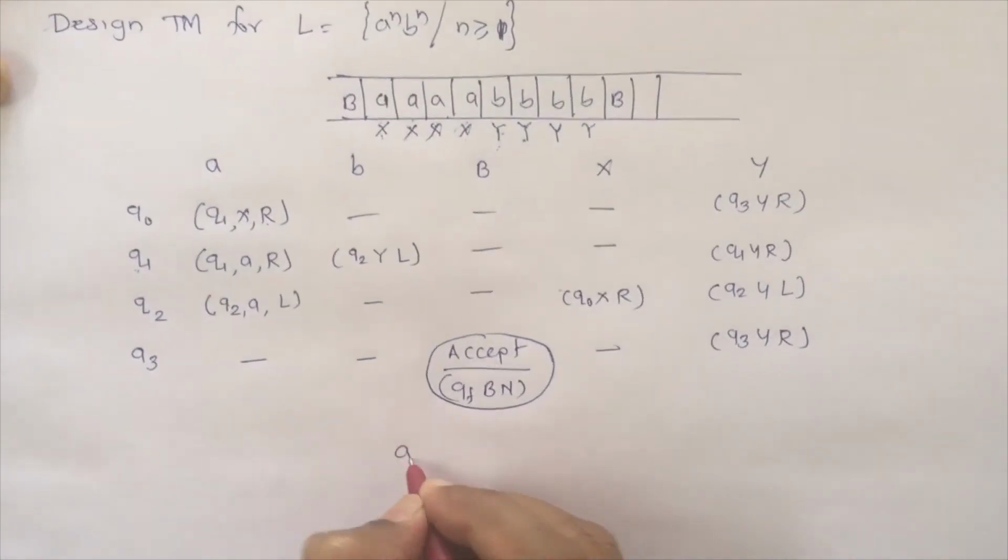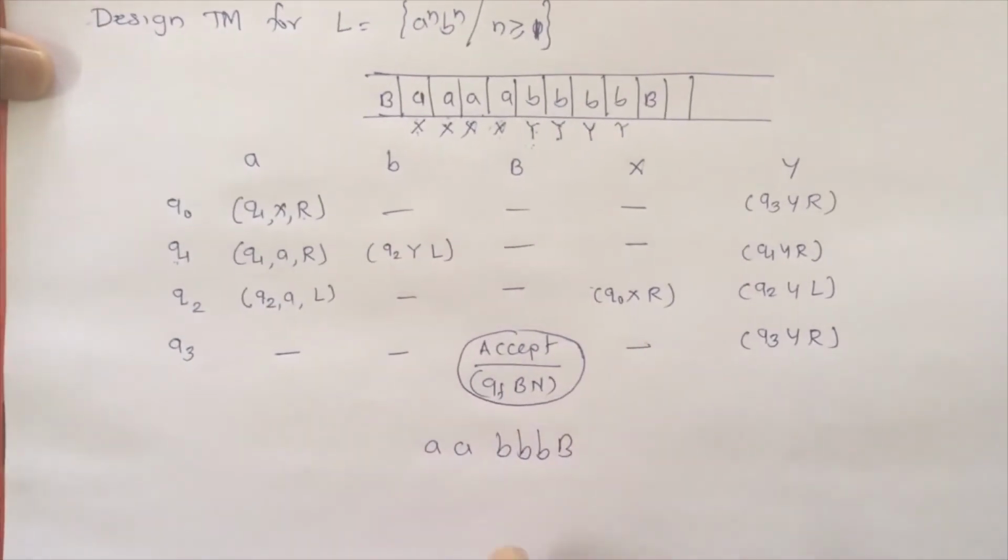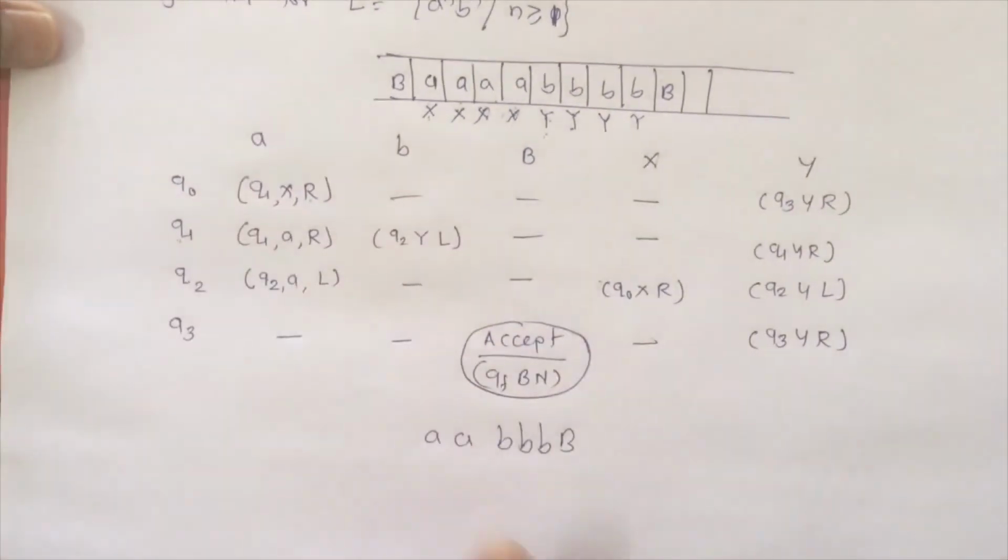Let us take a string to be, suppose, a b b b, capital B. We know that this doesn't fit here, but we will check it.